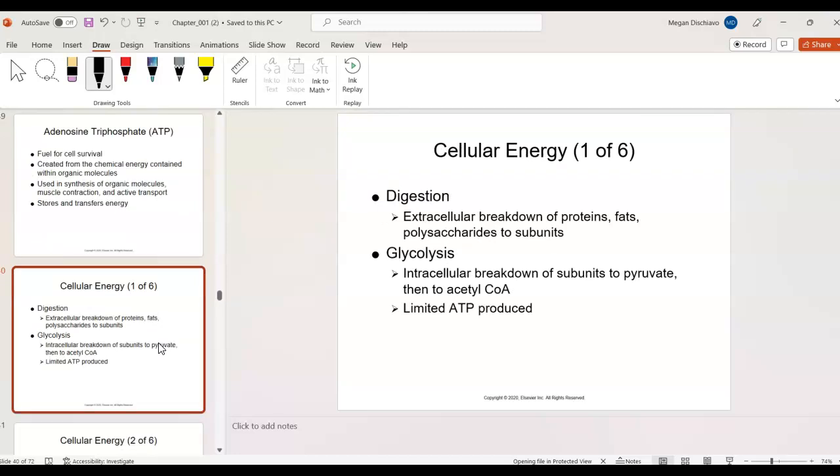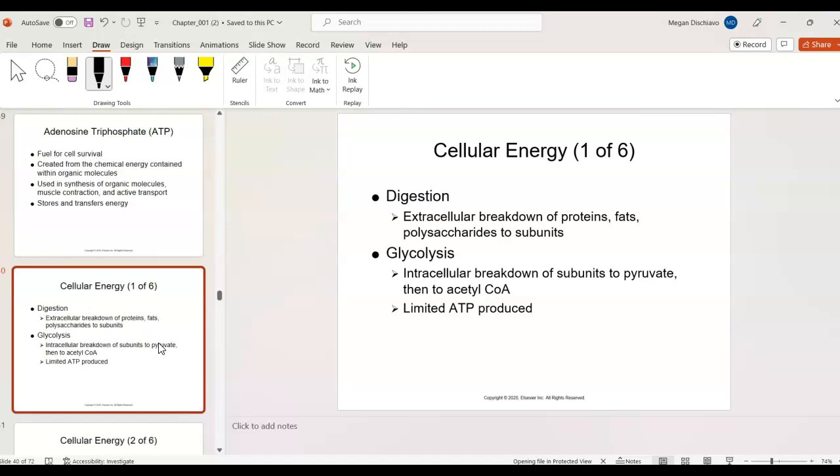We digest proteins, fats, and carbohydrates. Carbohydrates include polysaccharides. Generally, when you're talking about those large structures, carbs are breads, pastas. Proteins are our meats, or our soy if you're a vegetarian. Fats are those lipids that we bring in, oils, etc. We need all of them for different functions of the body.